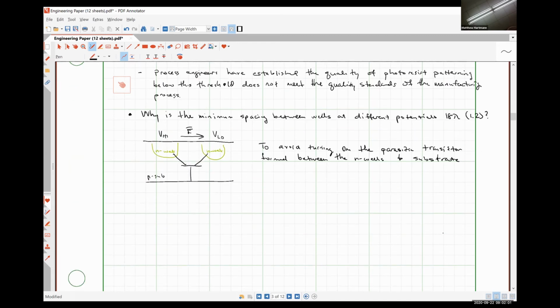So when we need larger resistors, when larger resistances are needed, a folded or serpentine topology may be used.